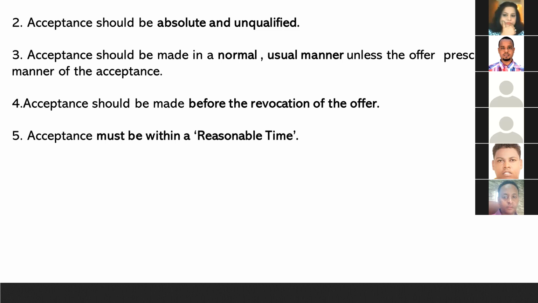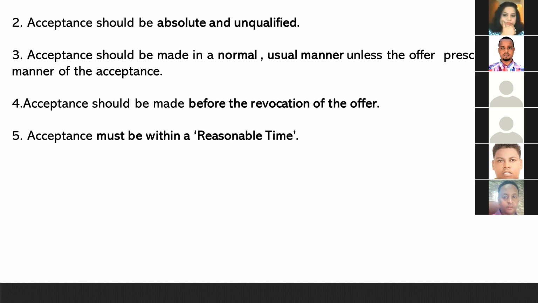So this makes sense. Acceptance should be made before the revocation of the offer. So I should communicate my acceptance before Kader says, well, I changed my mind, or the plot of land is sold for X amount and now it is X plus Y. Then I would say, okay, I think it's difficult for me. Then he said, okay, I revoke my offer. I take back my offer, or I'm not interested in selling it.